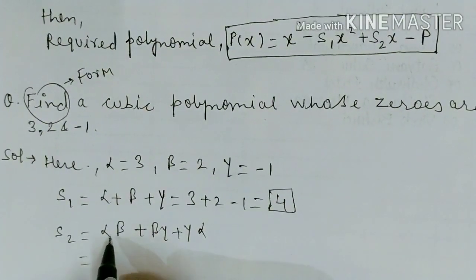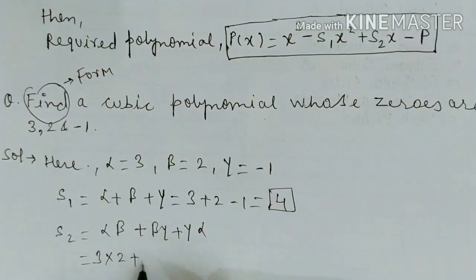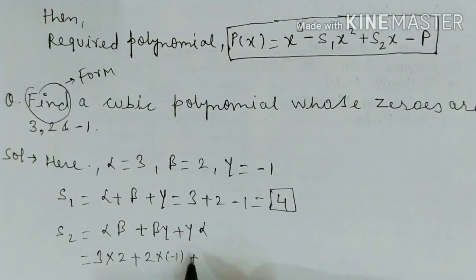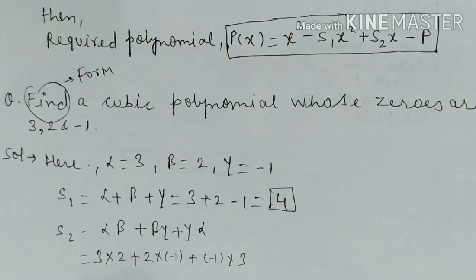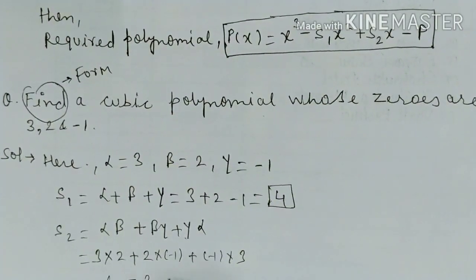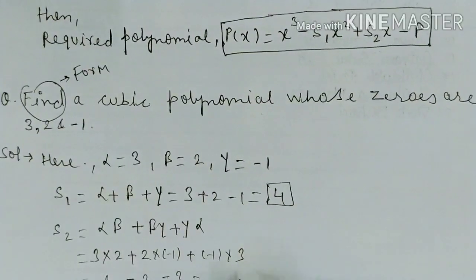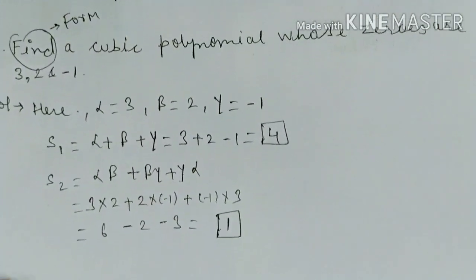You can solve here. What is the value of alpha? 3. What is the value of beta? 2. Here beta gamma, so 2 into minus 1. Here gamma alpha, that is minus 1 into 3. Simplify it: 6 minus 2 minus 3. Clear? You will be getting 1. So value of S2 is 1.